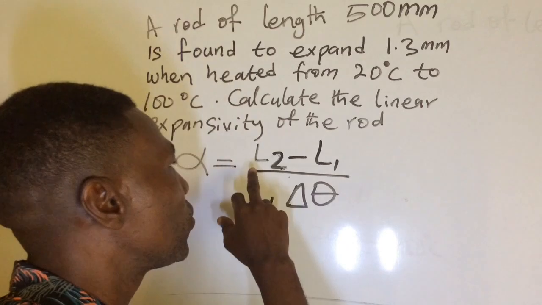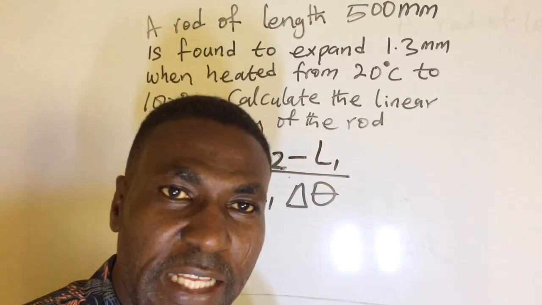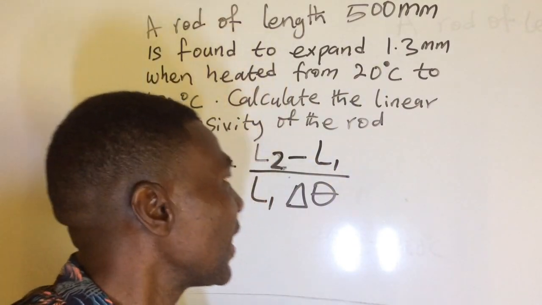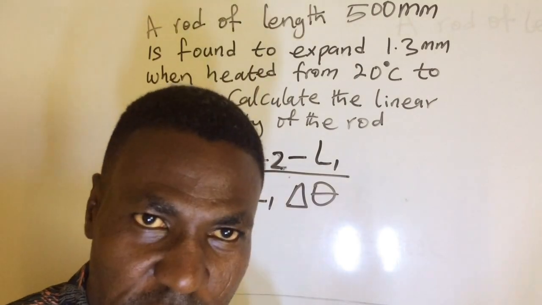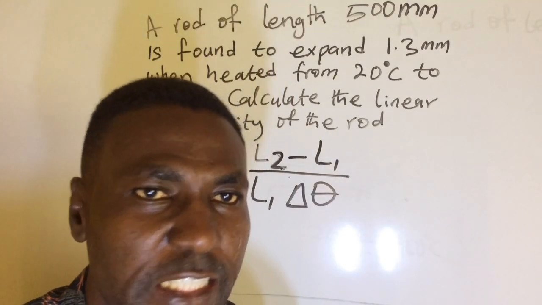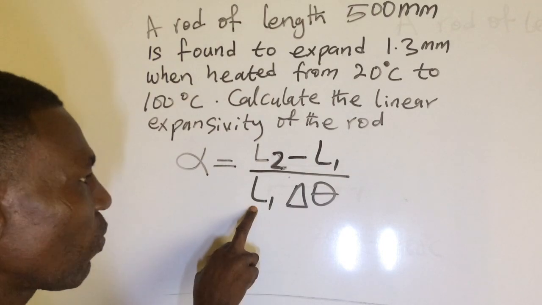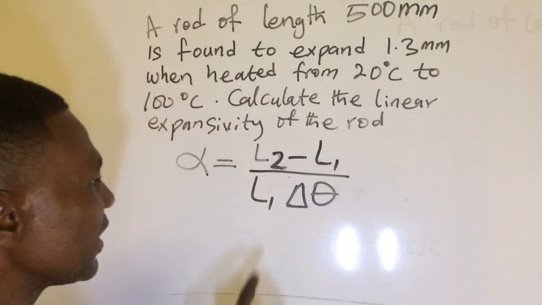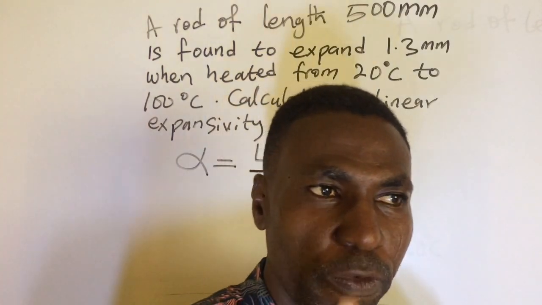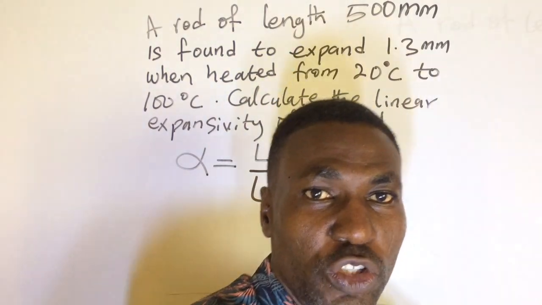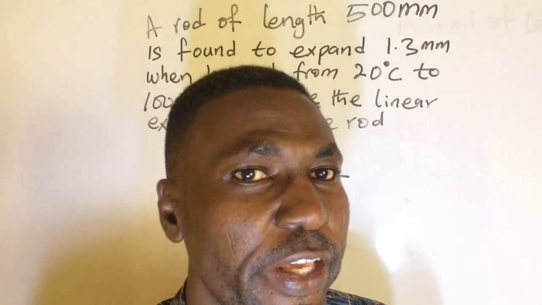Then L2 represents the final length of the rod. L1 represents the original length, that is the initial length before you start heating it. The same L1, the original length. Then this is the change in temperature, that is the temperature difference from the initial temperature to the final temperature to which you have heated it.